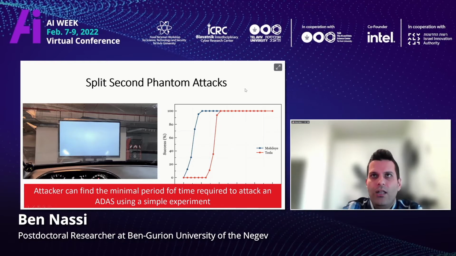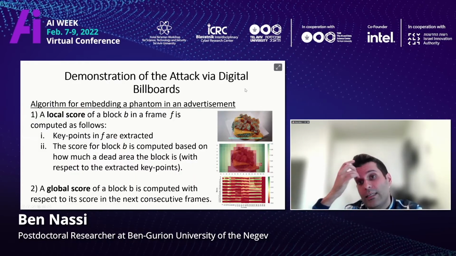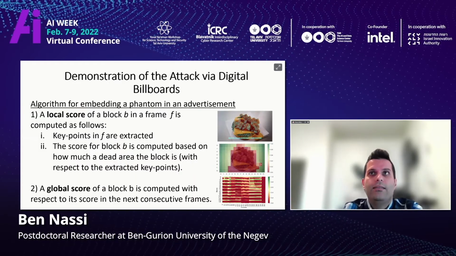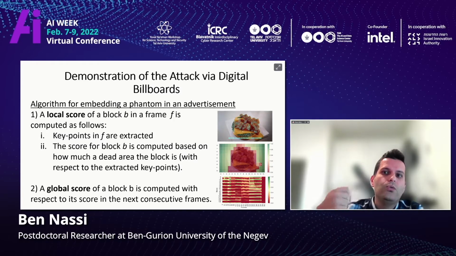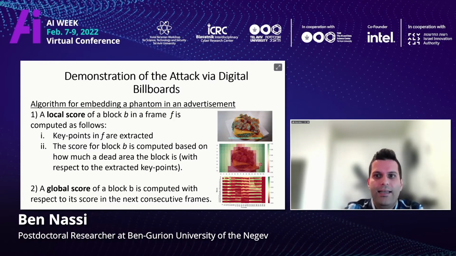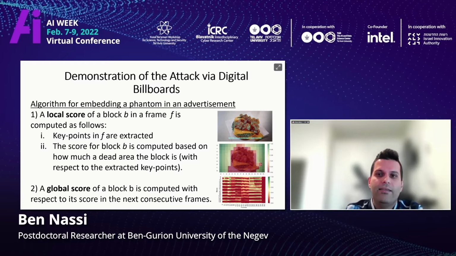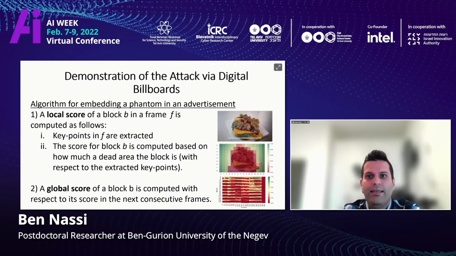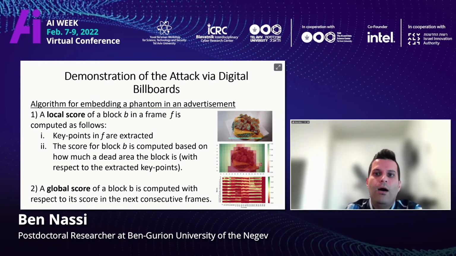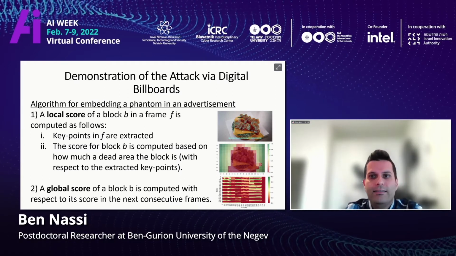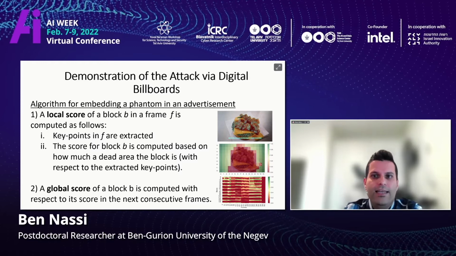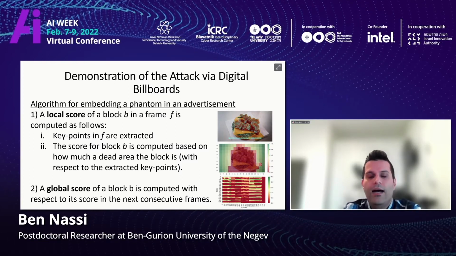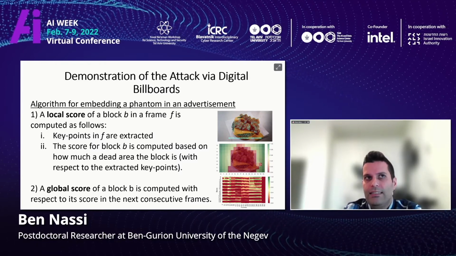Now, by using this knowledge, attackers can take it one step further and try to compromise a digital advertisement by first finding dead areas in the advertisement, in order to make the attack less detected in the case of a semi-autonomous car with a driver inside.